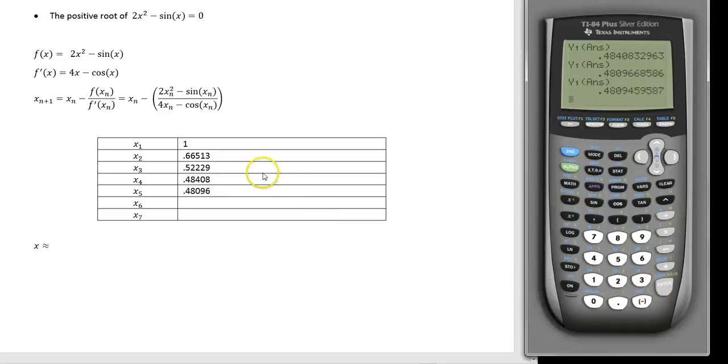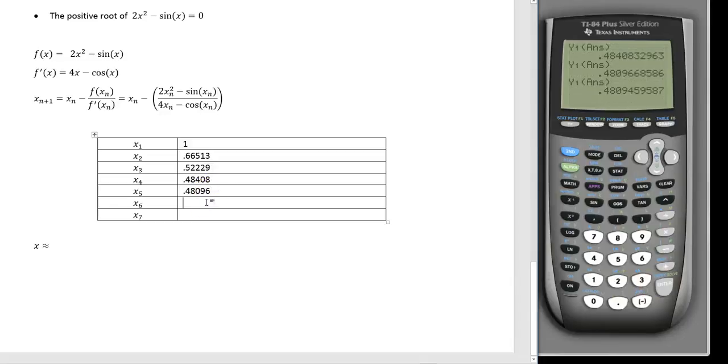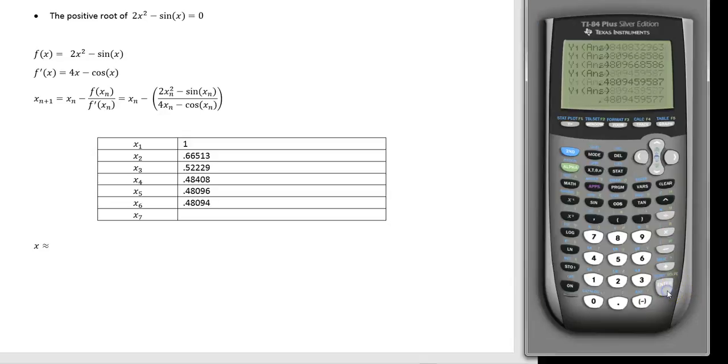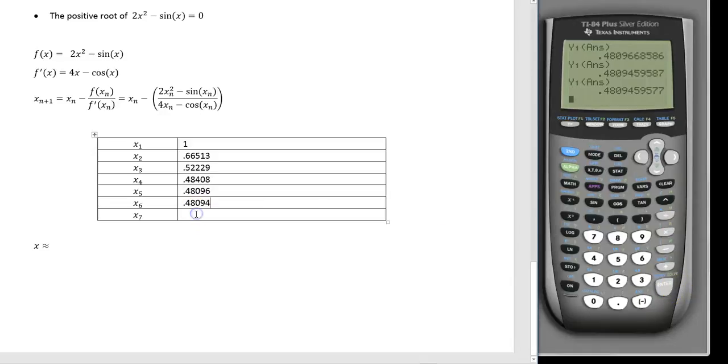For x sub 6, 0.48094. So at least one more here. X sub 7, now we're good to go. We have that 5 decimal places agreement between x6 and x7, and that gives us our approximation to the root correct to 5 decimal places of accuracy.